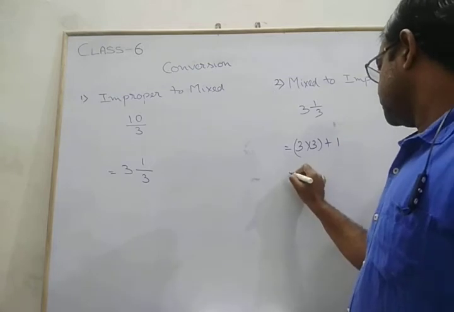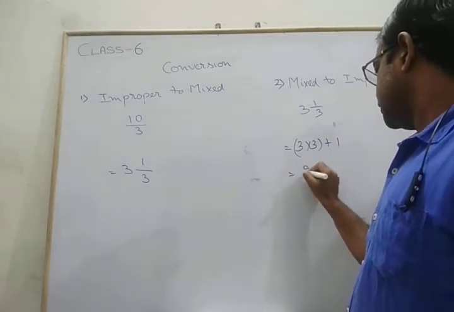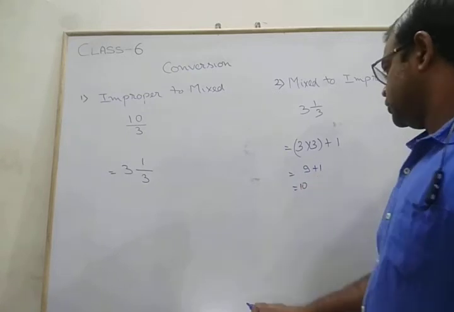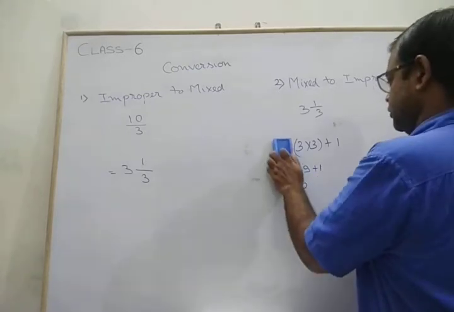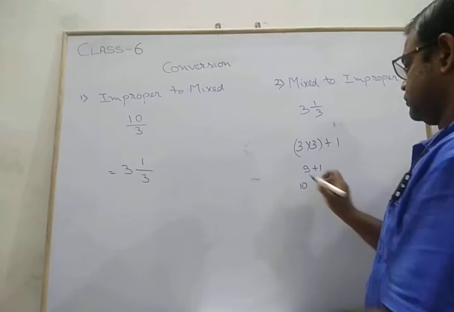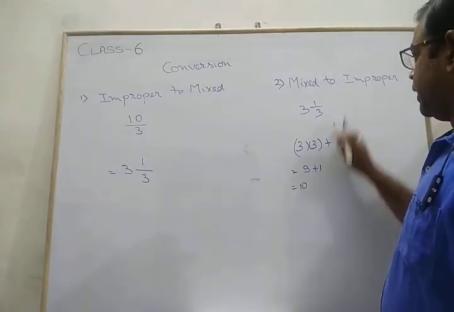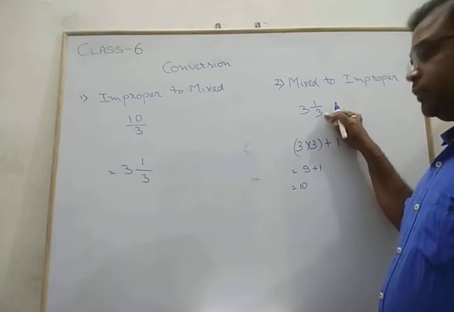So we have 3 3s are 9 plus 1, it's 10. Now we have 10 and the denominator 3.